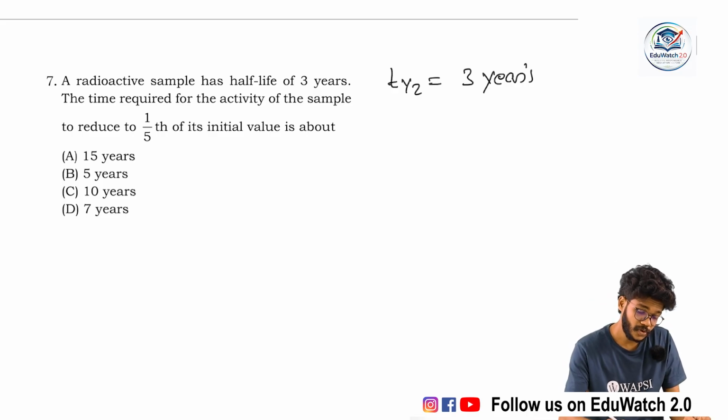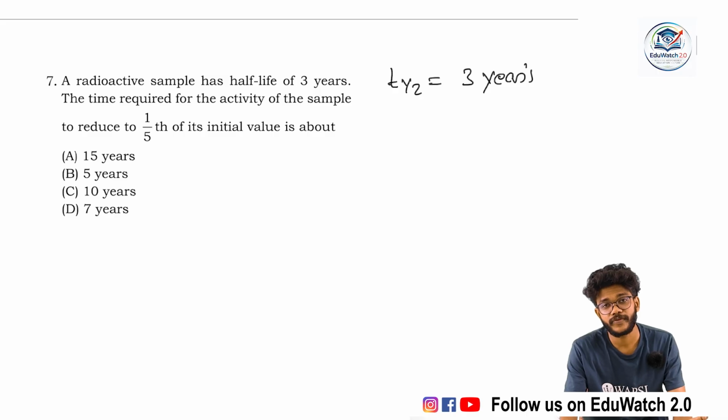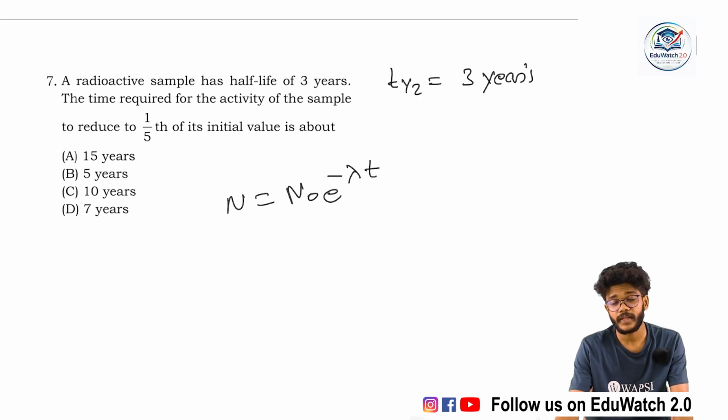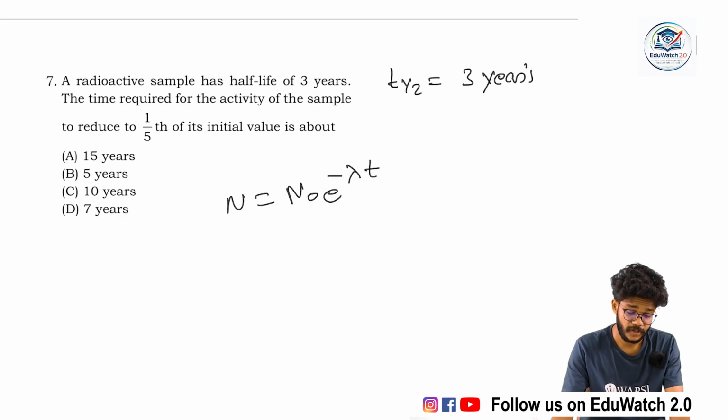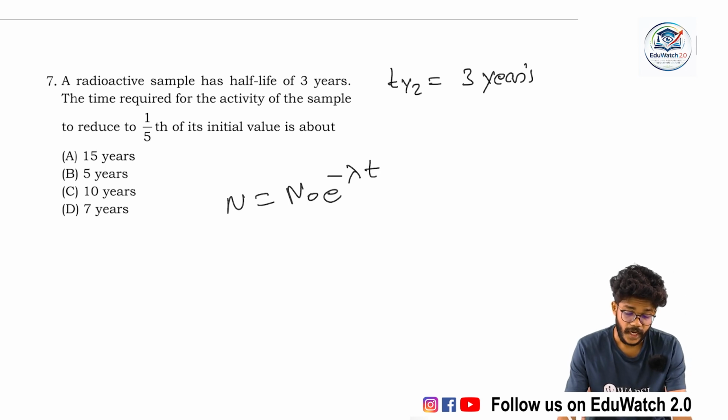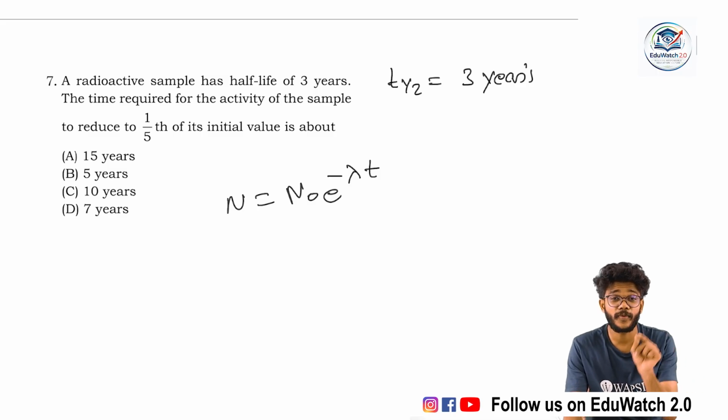So what is the basic principle here? That is the disintegration equation: N is equal to N0 e raised to minus lambda t, where lambda is a constant. First we need to find the value of lambda. For that we substitute t half, which is 3 years. N by N0: N0 is the initial and N is the final, so N is N0 by 2.